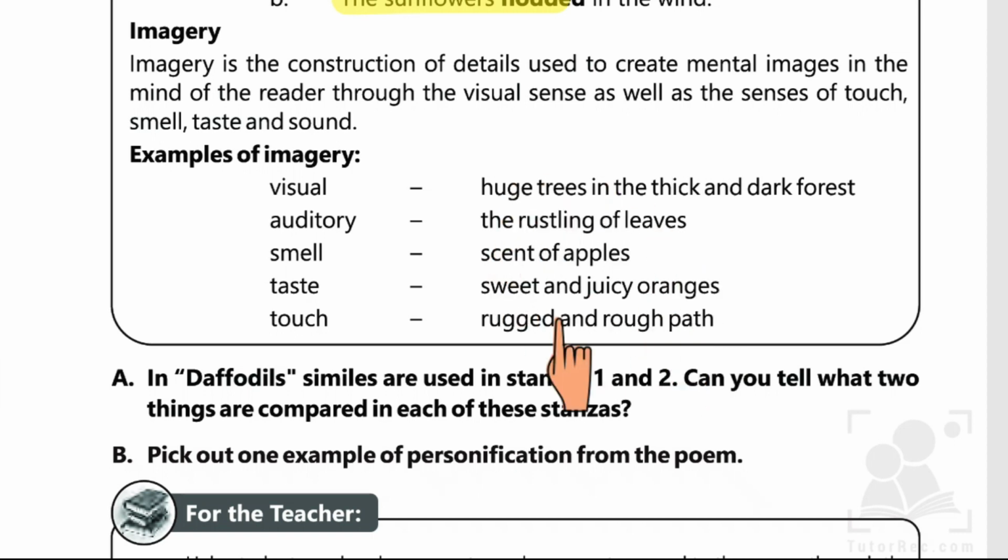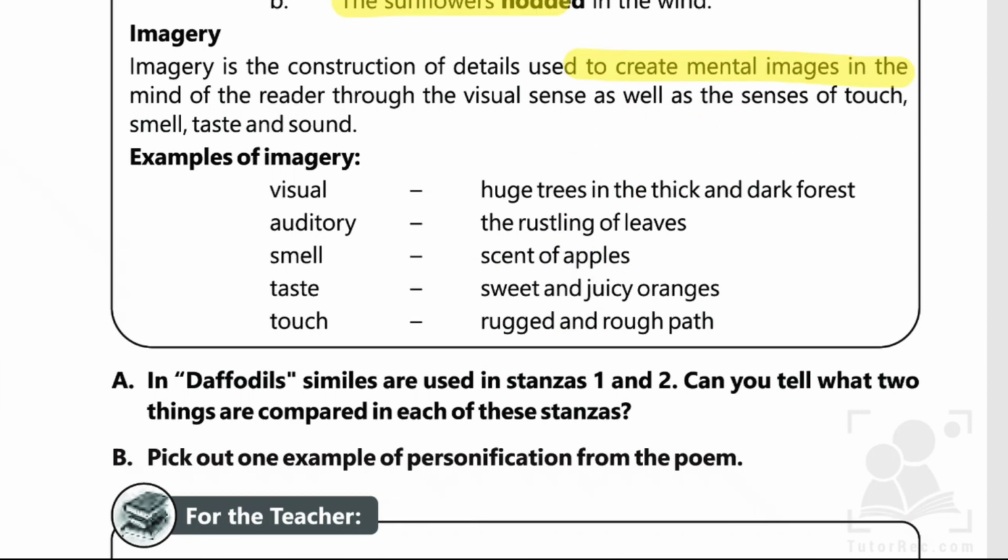These are all adjectives, such as huge, just to visualize how huge the trees would be. The rustling of leaves, what would be the sound? Scent of apples, the yummy smell we can feel. Sweet and juicy oranges, even our mouth waters. Rugged and rough path, we can feel it. So this is related to your mental image, when you create a mental image in the mind of the reader.